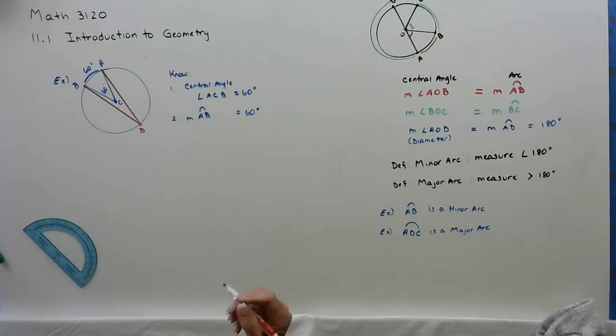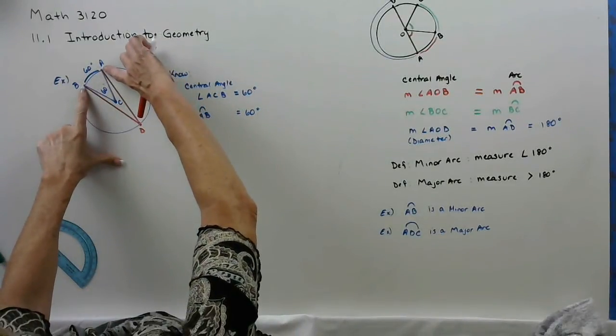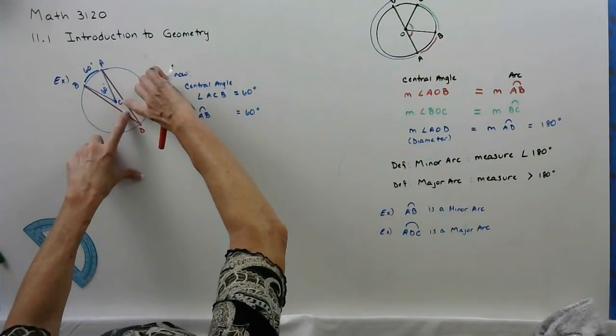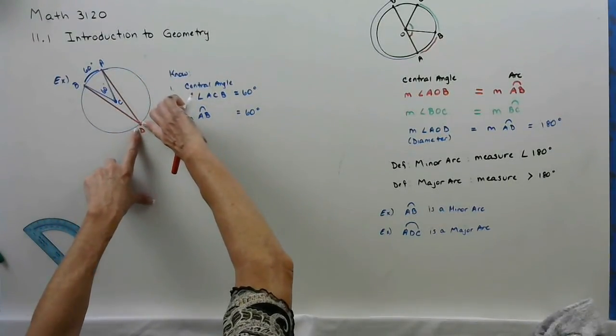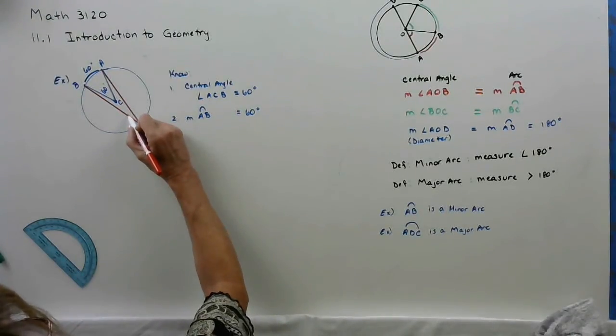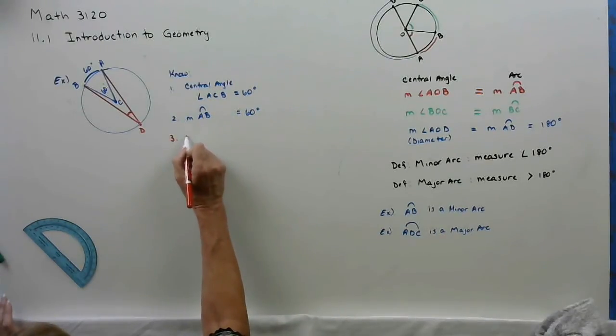Because it is created from the same two endpoints, I know the center measurement is 60 degrees. If I go to any other point on the circle, it's always half of that. So I'm going to say the following.